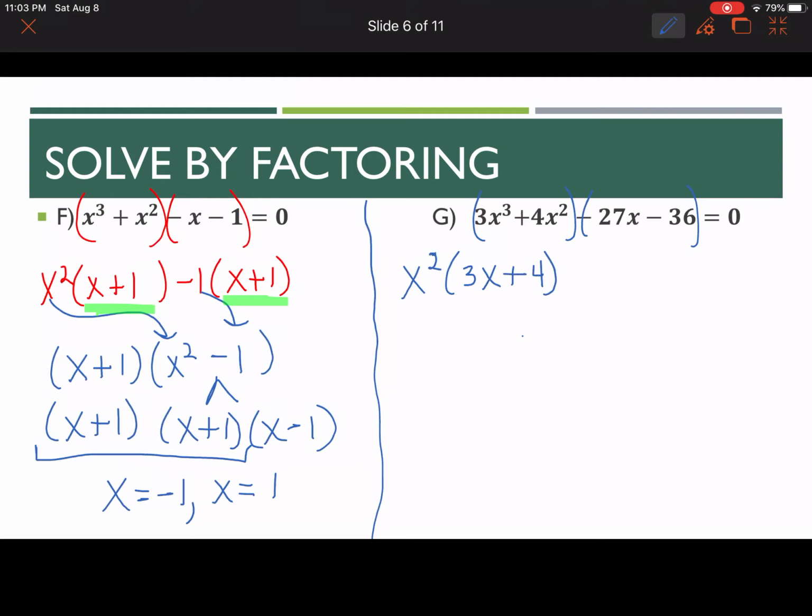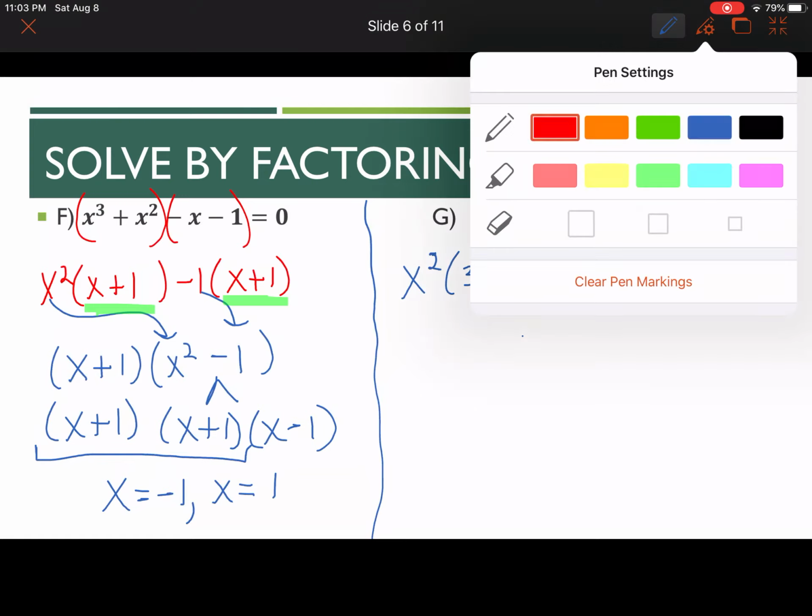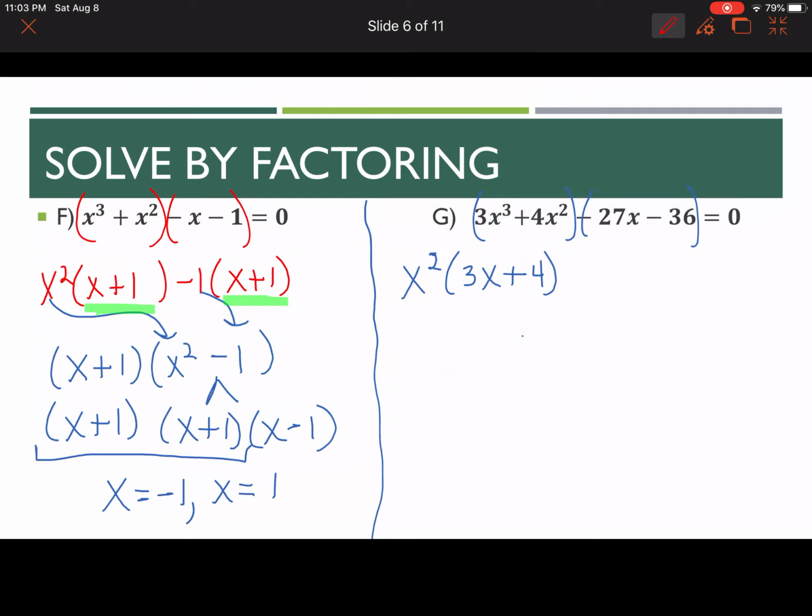Okay, so essentially I'm dividing those two terms by x squared. In my second group, I am going to take out a negative 9. So negative 27x divided by negative 9 is 3x. Negative 36 divided by negative 9 is positive 4.